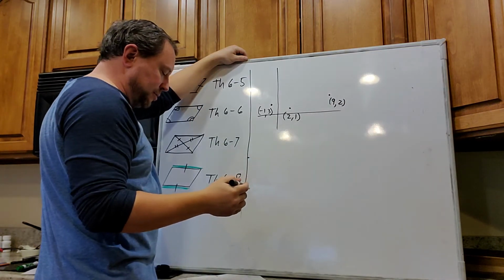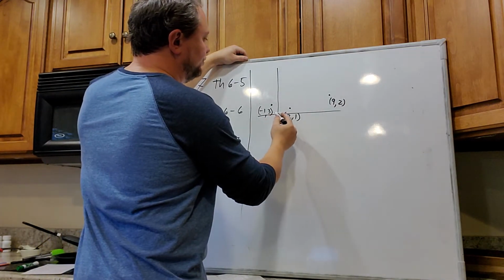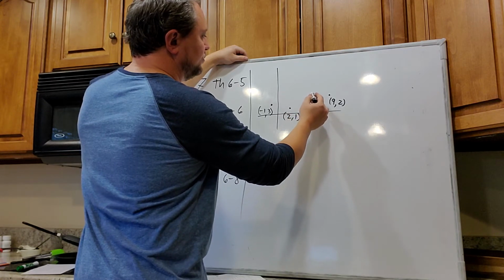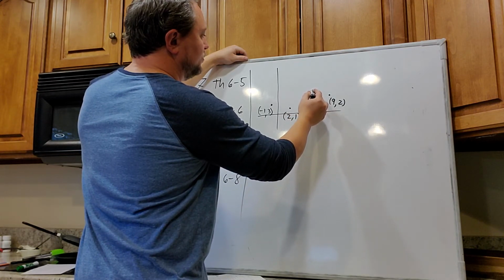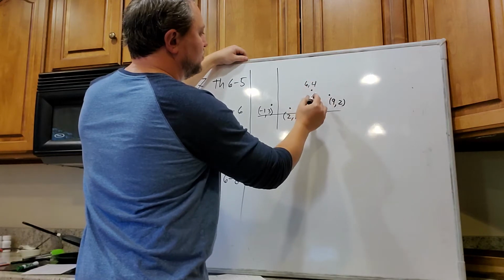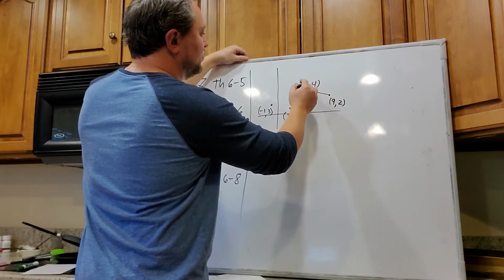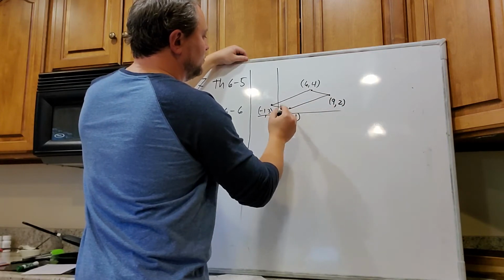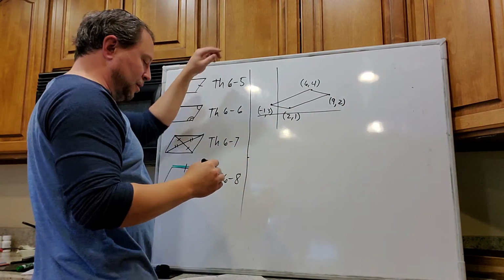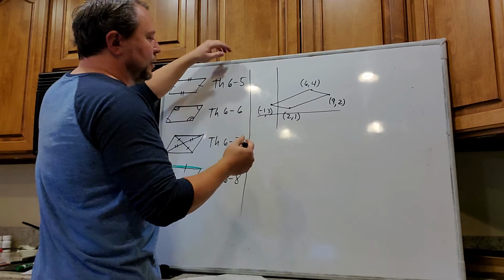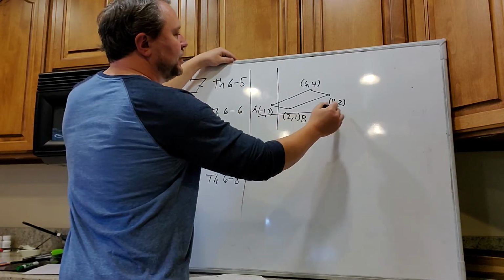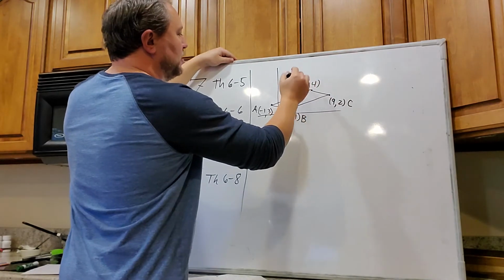And another at (6, 4). Let's give them some letters too so that we can refer back to them. So we'll call these A, B, C, and D.